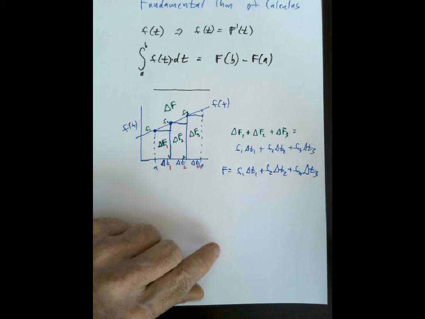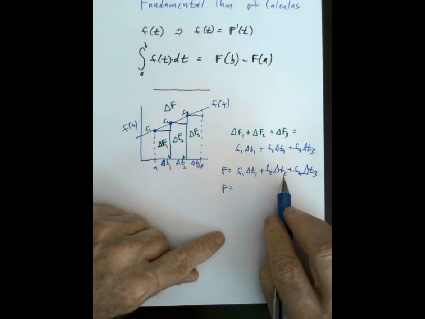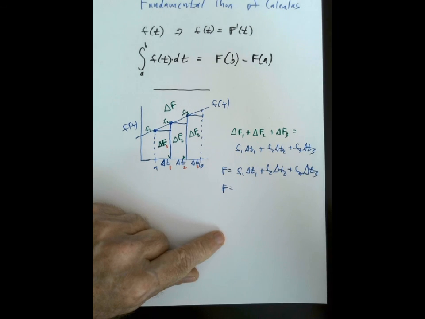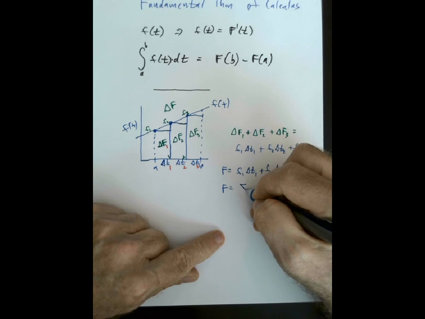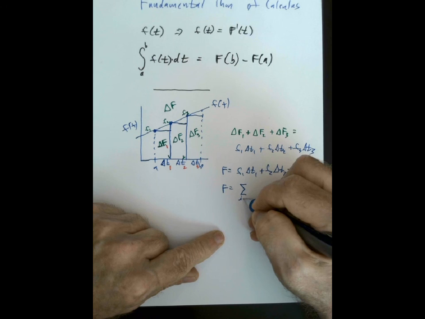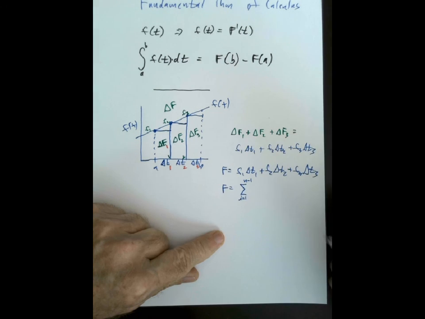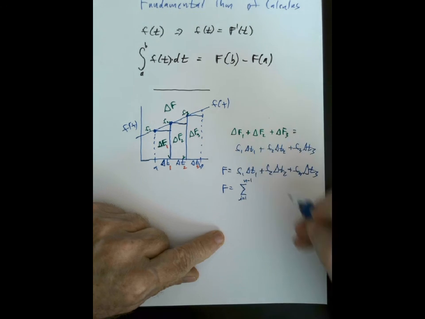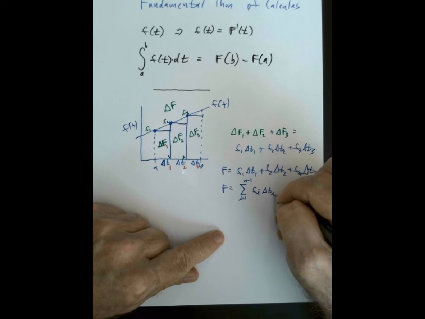So imagine delta t gets smaller and smaller and smaller, right? The left-hand area was the sum from 1 to n minus 1 of f_i delta t_i.